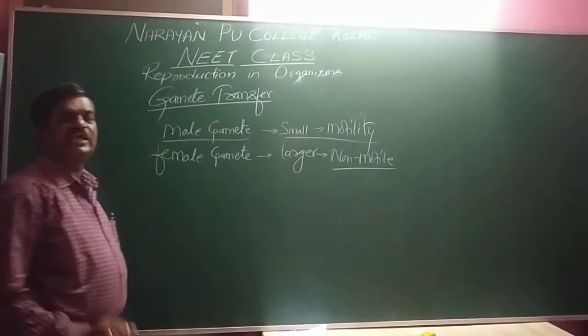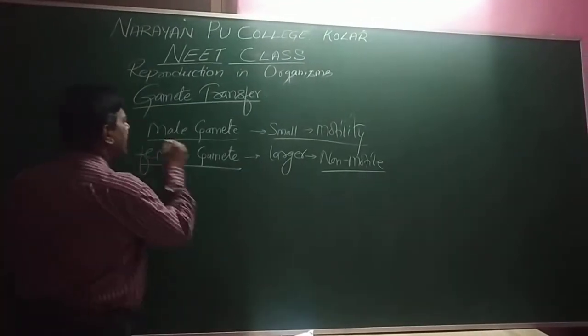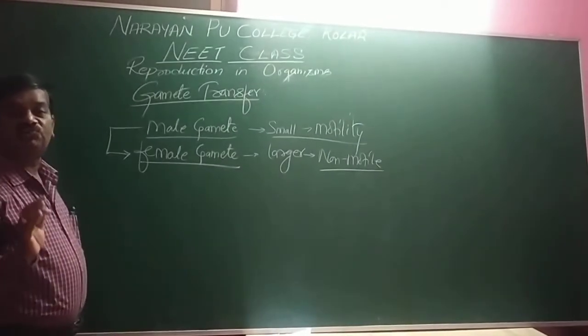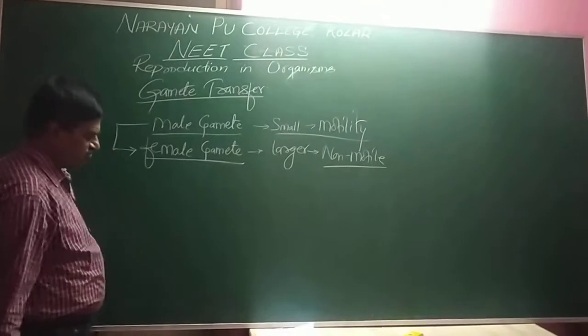Non-motile means they cannot move. So, in the majority of cases, the male gamete is transferred to the female for the sake of fertilization. For that we go for gamete transfer.